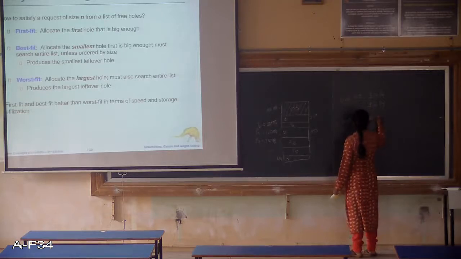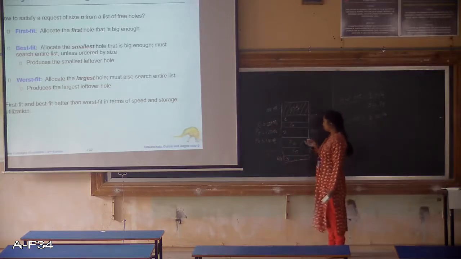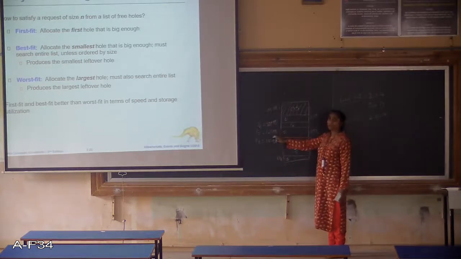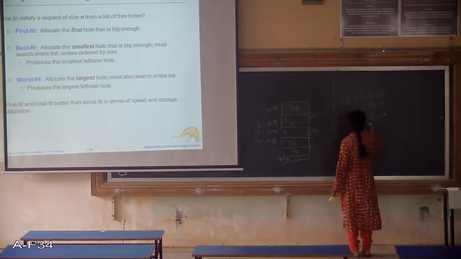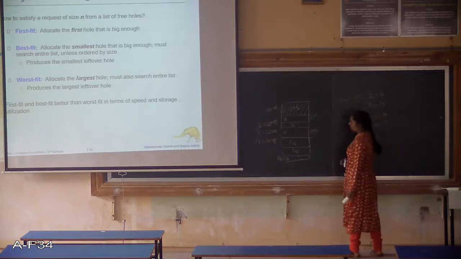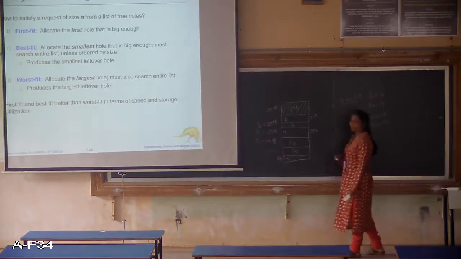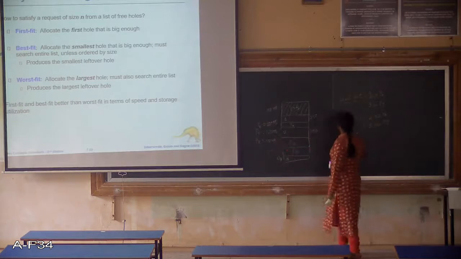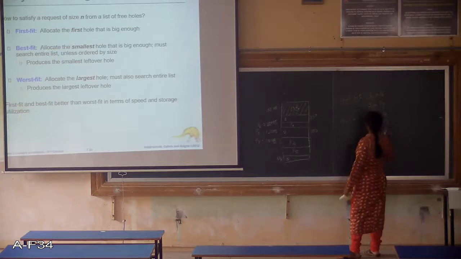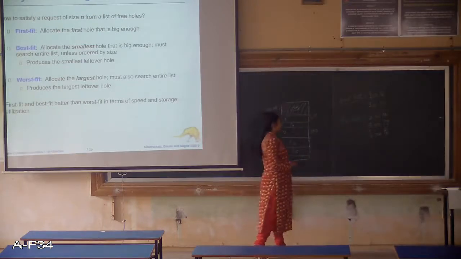So we will allocate that. Then the next process is 120 MB, and the next smallest hole that is good enough to hold P7 is the third hole. We allocate the third hole to P7, which is 124 MB, and the requirement is 120 MB. Next request is P8. P8 can be allocated the first hole which is remaining, and it is 250 MB. So this is best fit and first fit.